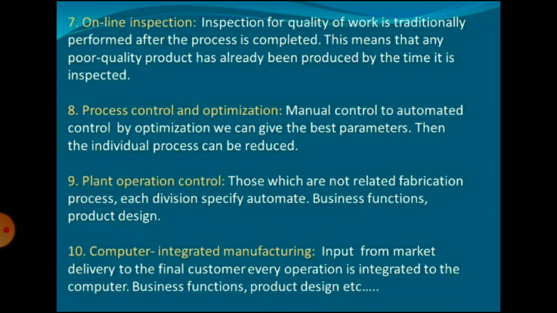Ninth strategy is plant operations control. This strategy is concerned with control at the plant level. It attempts to manage and coordinate the aggregate operations in the plant more efficiently. Its implementation involves a high level of computer networking within the factory.